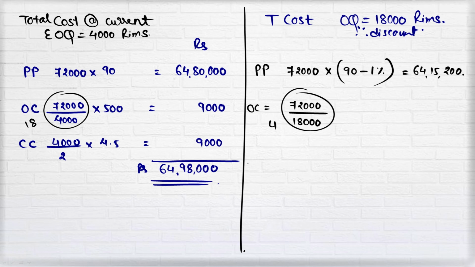Here you will be making only 4 orders in a year. Here you will be making 18 orders in a year. 18 orders of 4,000 is 72,000. Here 4 orders of 18,000 will be again 72,000. Multiplied by 500, it is 2,000.